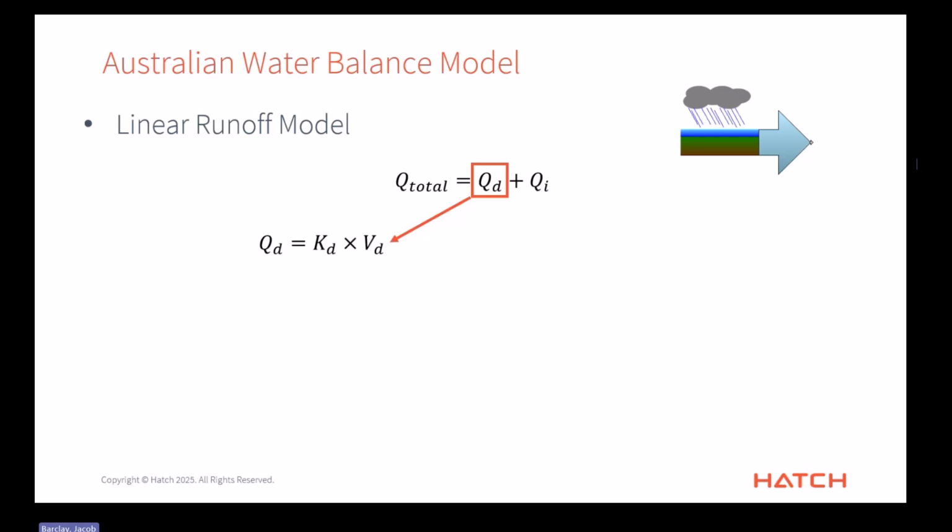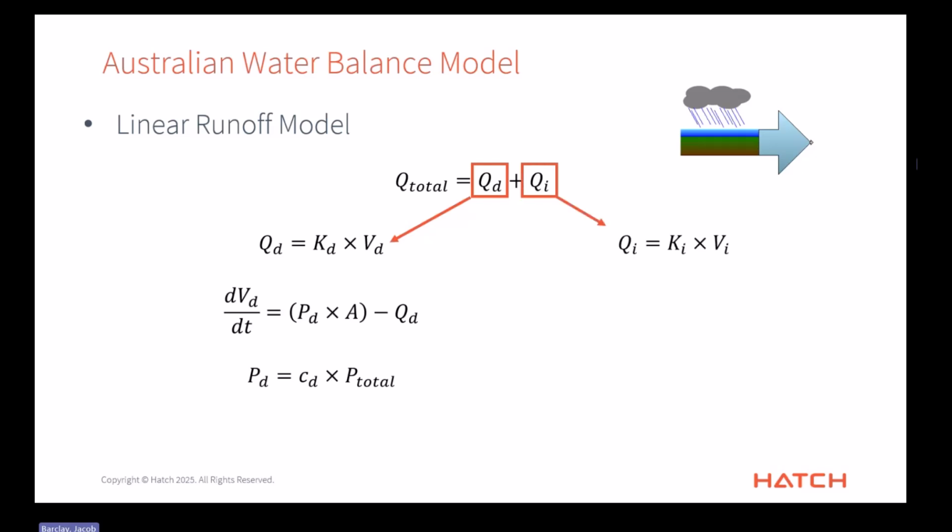Then to model the volume in that reservoir, we had a rate of change equation where we looked at the amount of precipitation entering that reservoir and then removed the amount of runoff leaving from it. The precipitation entering the direct runoff reservoir was just the proportion of the total precipitation entering that particular reservoir. Then we have the same sort of model for our indirect portion of the runoff.